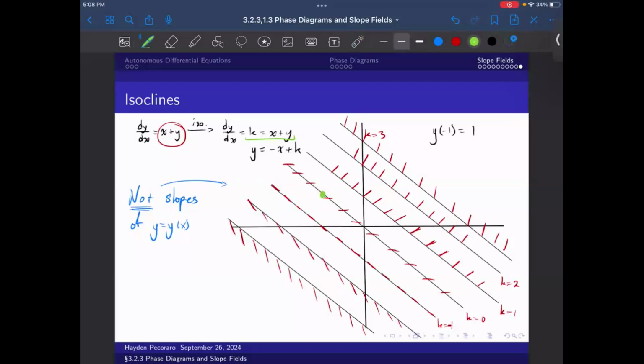So that's my initial condition, and my slope there is 0. So as my function progresses to the right, it should be slope 0 and then start increasing and follow these slope lines.